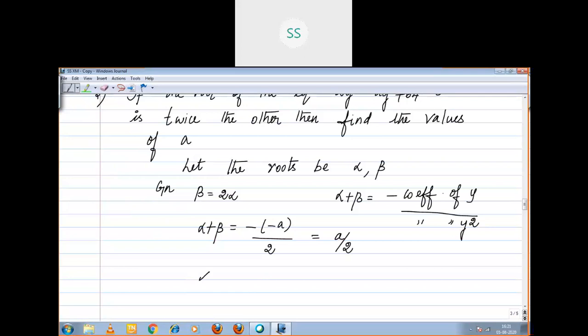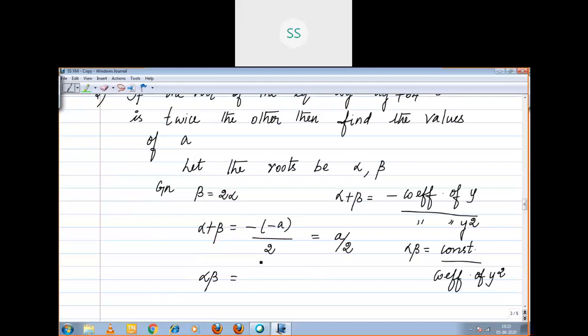What is alpha beta? Alpha beta is nothing but constant divided by coefficient of y square, because the variable y is used, that only you want to write, right?